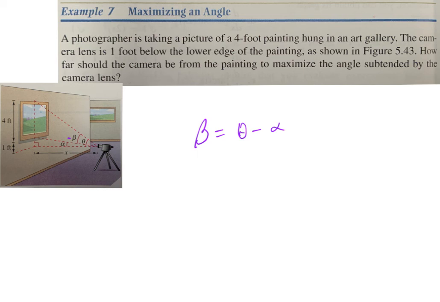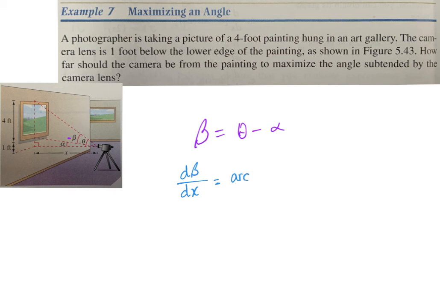Maximize means I'm taking the derivative, right? Anytime you see max or min, you need to think derivative. And so that's where they're getting this guy right here. Now, how'd they get cotangent? Well, tangent's opposite over adjacent, so the cotangent of theta is going to be 5 over x. So I have arc cotangent, rather, because I don't have the angle.